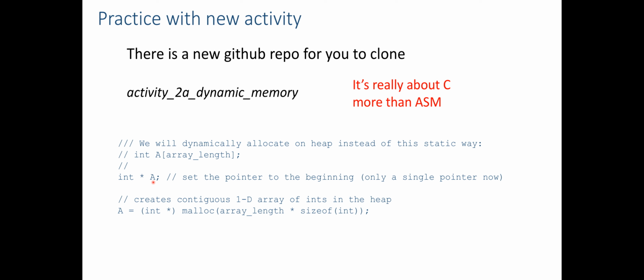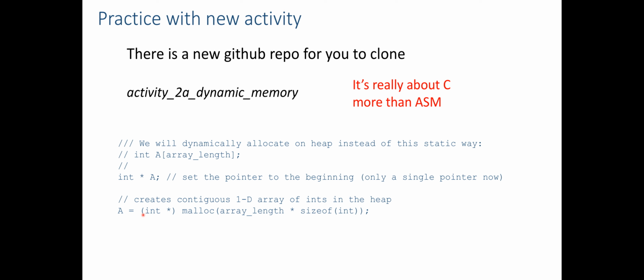And this pointer eventually will now point to the 0th element of the array, but it's going to be stored on the heap because we're going to use this function malloc here. So you notice we call malloc by giving it the length of the array times the size of an integer. So basically what malloc is doing is creating an array of bytes.